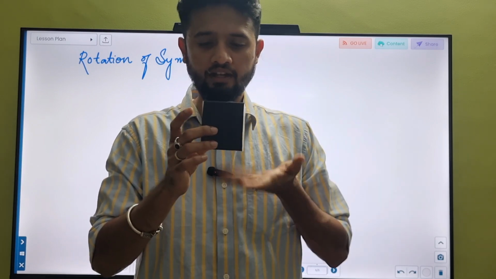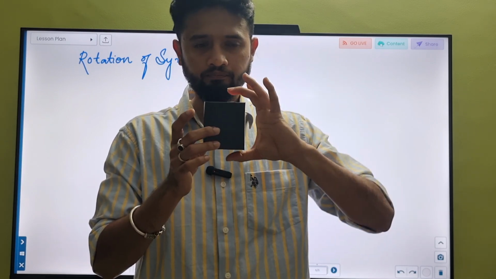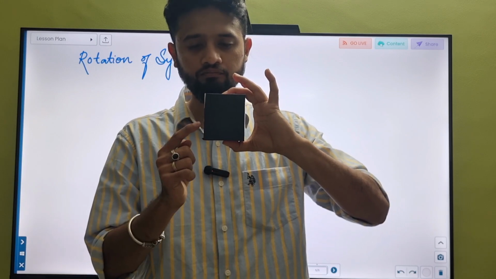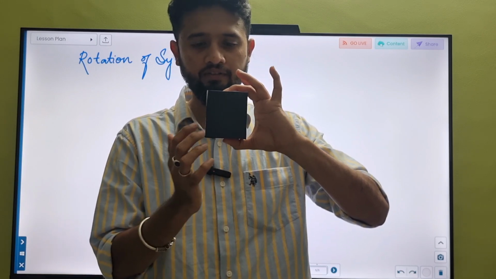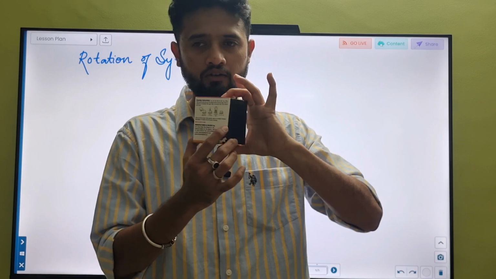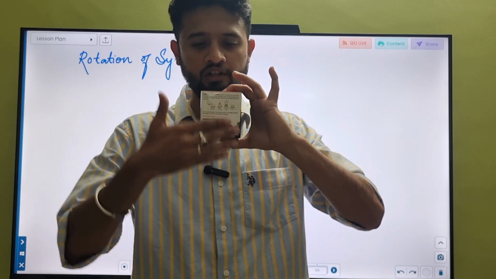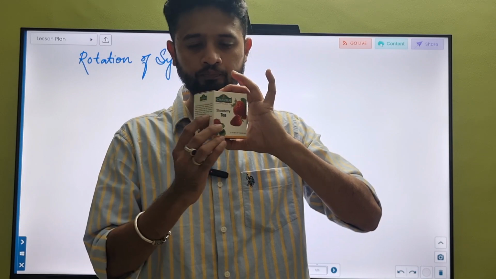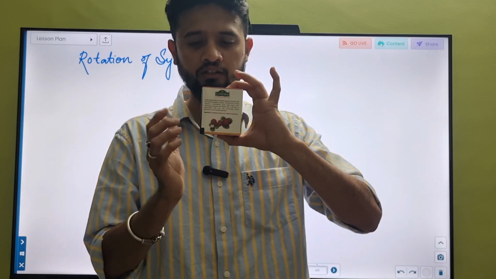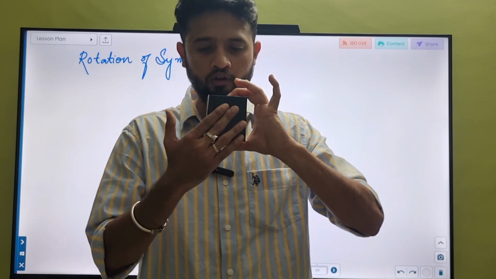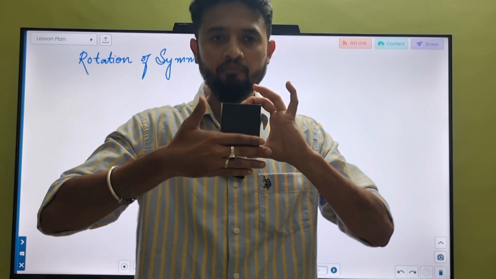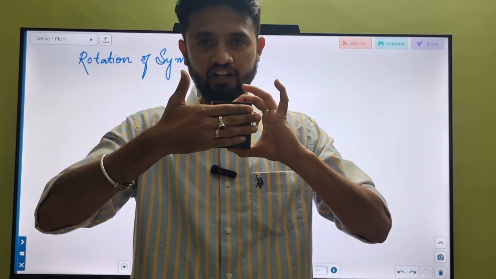Okay, this is one face and this is one face. I'll hold it like this. I'll start to rotate it. This is the face. I'll rotate it. This is one more face. 1, 2, 3 and 4. The fourth time I am getting the same face in the same position, in the same direction.